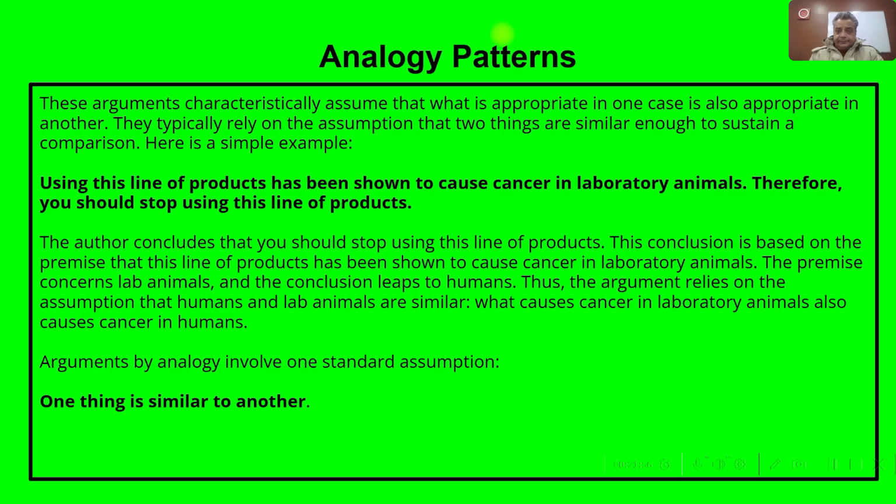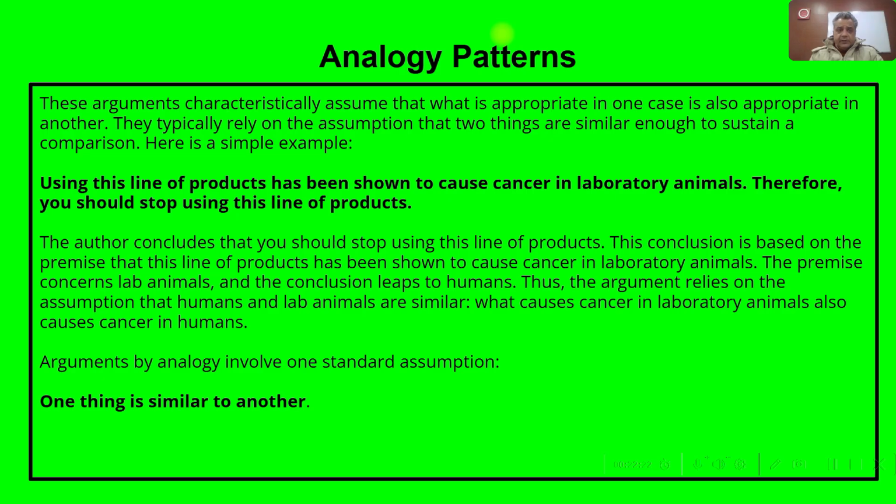So obviously, they are comparing laboratory animals to human beings, and when they give the conclusion that you should stop using this line of products, their assumption is that laboratory animals are similar to human beings. So reading further, the author concludes that you should stop using this line of products.